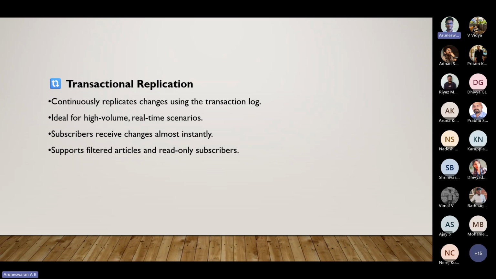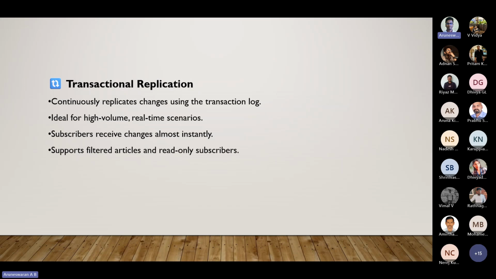Next, we go for the second point: ideal for high volume or real-time scenarios. For example, I have one TB or two TB of data in my database, and I need to sync my data from publisher to subscriber in real time, without much latency. Then I will go for transaction replication.